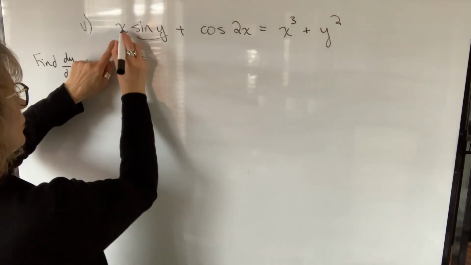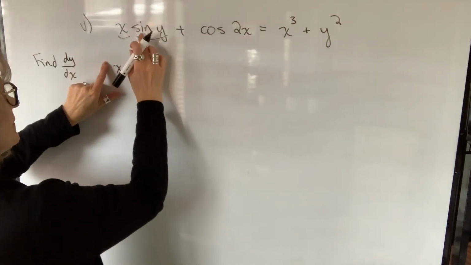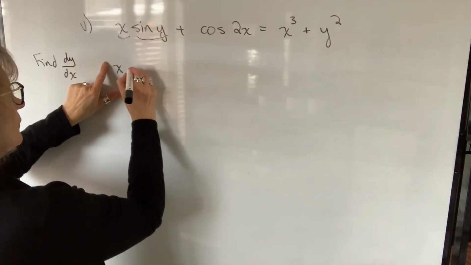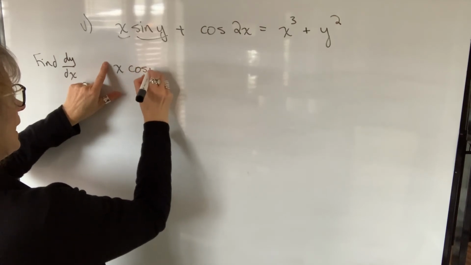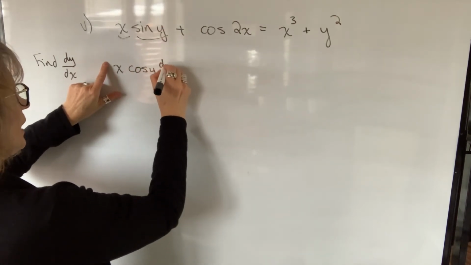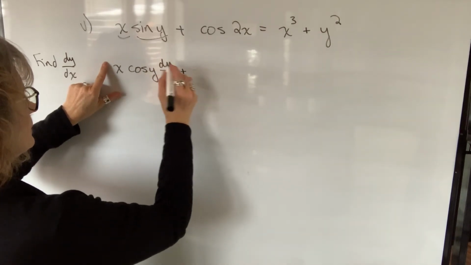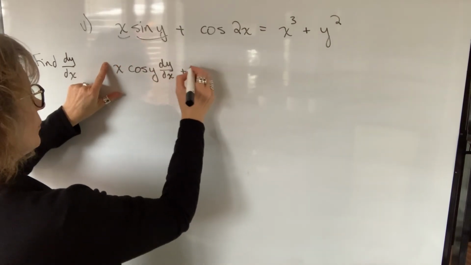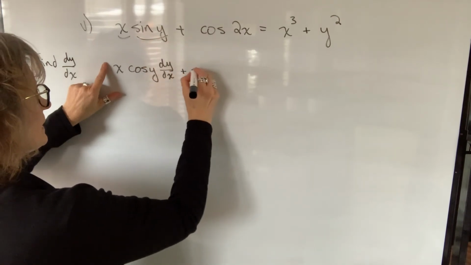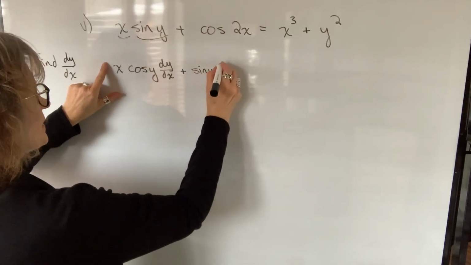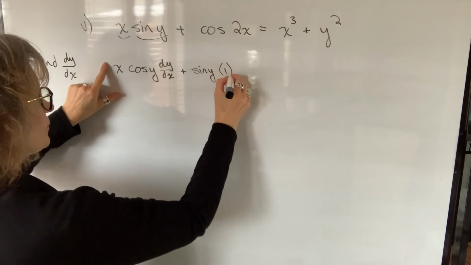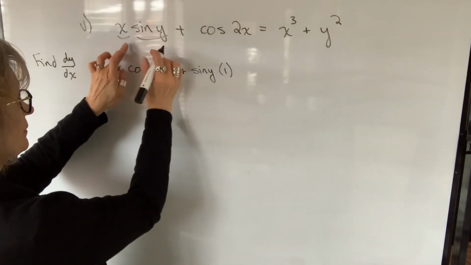So the derivative will be x times the derivative of sine of y. The derivative of sine of y is cos of y times the derivative of y with respect to x. Plus, now we use the rest of the product rule, sine of y times the derivative of x with respect to x, which is 1. So this is the result.